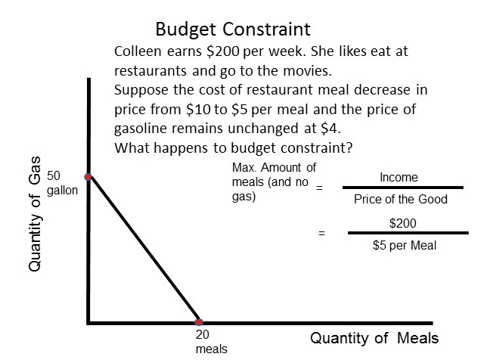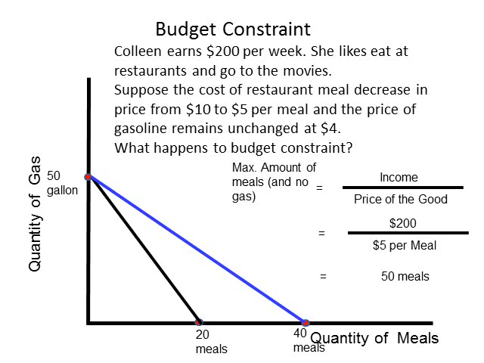Dividing $200 by $5 gives 40 meals. So place a dot at 40 meals and 0 gallons of gas. Notice the maximum amount of gasoline remains unchanged at 50. A new line is drawn from the maximum amount of 50 gallons of gas to the new maximum amount of meals.